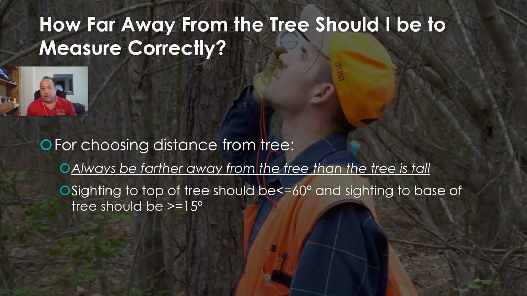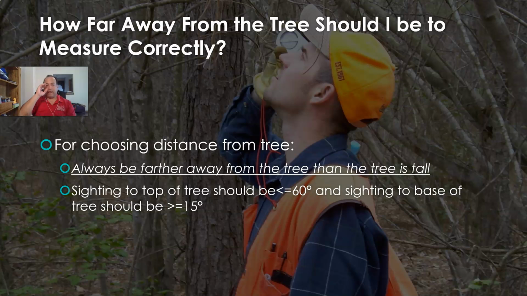If you're looking through the clinometer and you're not sure if you went far enough away or not, if you look up to the top of the tree through the clinometer and you get 60 degrees or more, and if you look down to the bottom and you get more than 15, probably more than negative 15, depending on what kind of elevation you're at, you're really going to find that you're probably doing this and this, which means you're probably way too close to the tree.